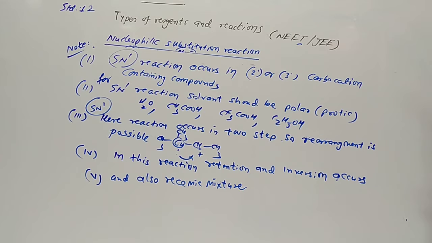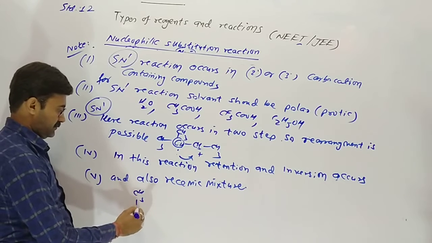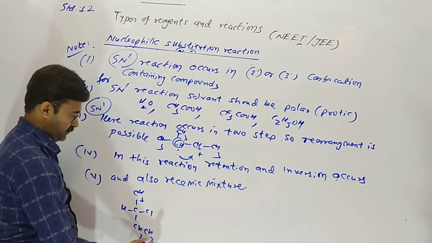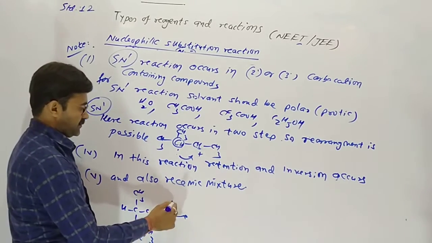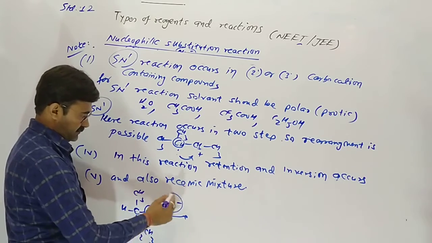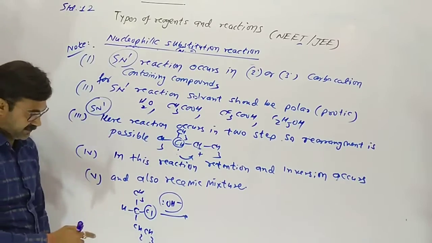I am giving you an example for that. Suppose 2-chlorobutane is given, reacting with OH minus ion. So in polar protic solvent it gives SN1.